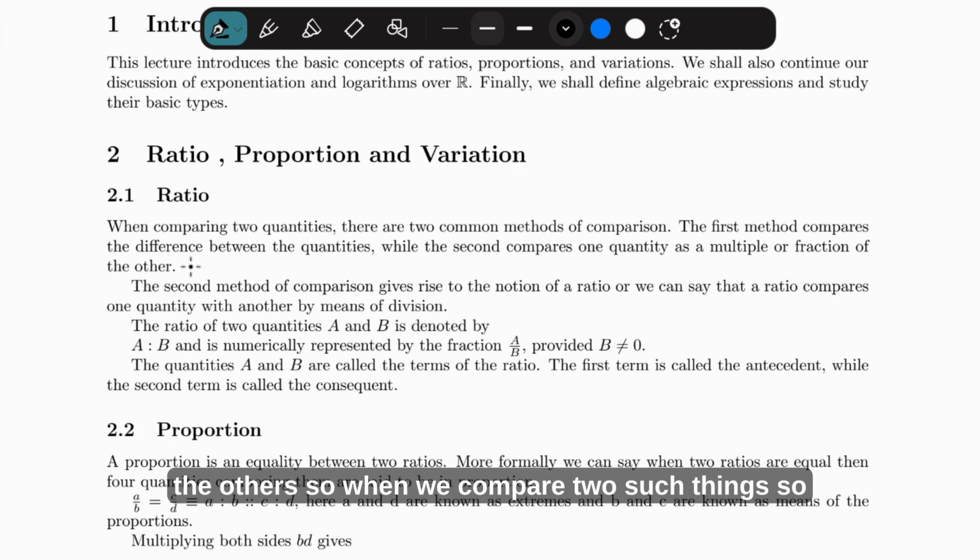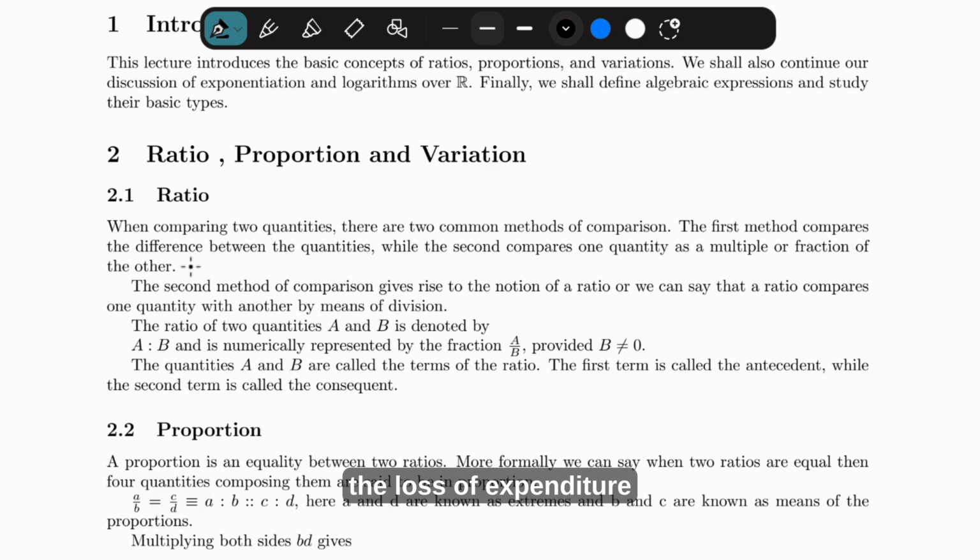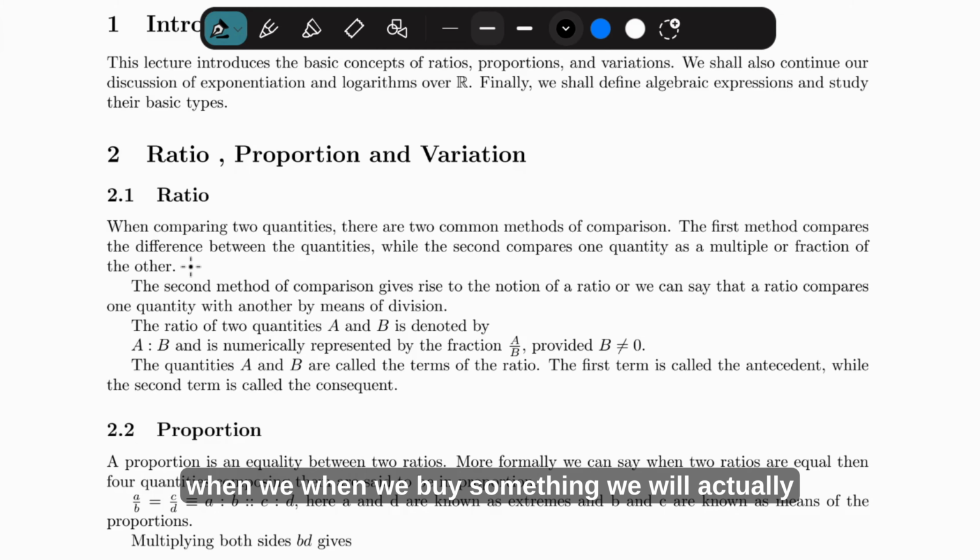When we calculate the loss or expenditure when we buy something, we do subtraction, comparing things by subtracting one from another.